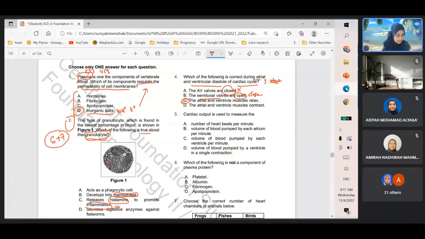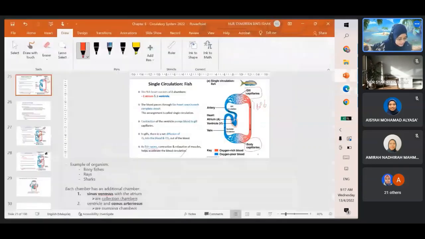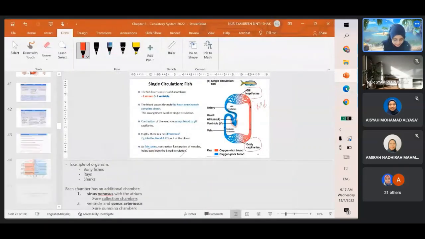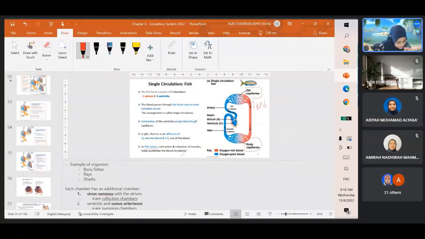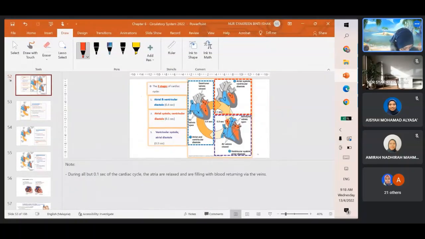Okay, so B salah. And then the atrial and ventricle muscle contract adalah stage yang mana? Stage yang berapa? Dia tak ada dua-dua contract at the same time. Okay, kalau atrium contract mesti ventricle relax.